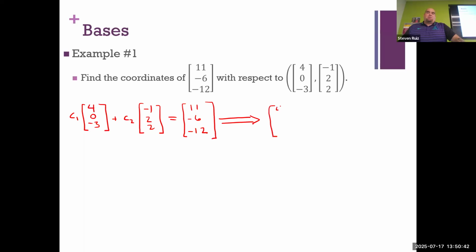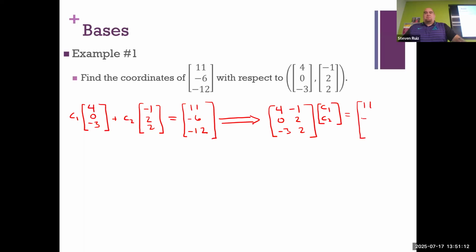So let's build up the matrix from scratch. If I put these two column vectors together as a 3x2 matrix, and I multiply it by C1, C2 as a column. Does that make sense? Yeah, okay.